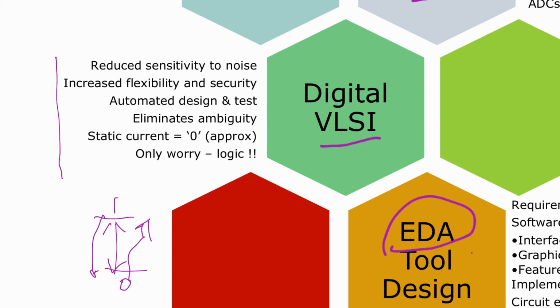You designed an 8-bit ALU today, you can upgrade that to a 32-bit ALU pretty easily. And you can add a lot of security features, encryption, put a lot of features inside your digital design. And you can automate the entire design and test flow.